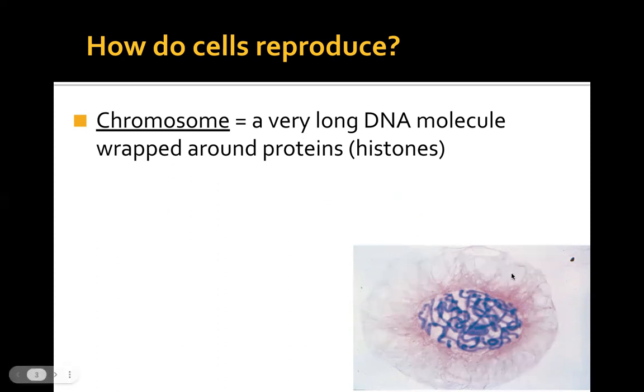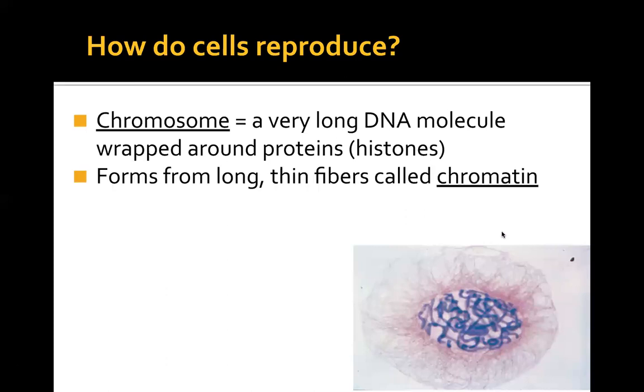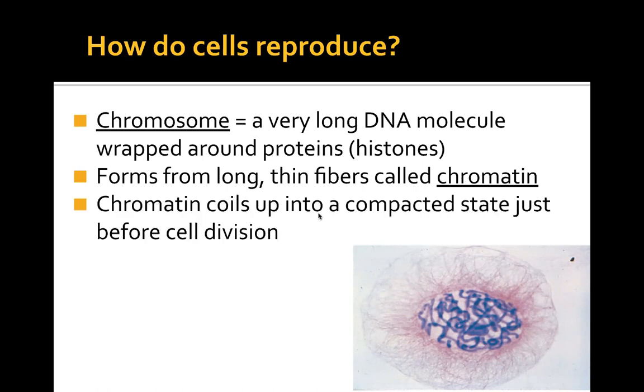So a chromosome is a really, really long DNA molecule wrapped around proteins, histones. When DNA is in that long, stringy, unwound form, we call it chromatin. And when it's wound up and organized around the histones, it's called a chromosome.